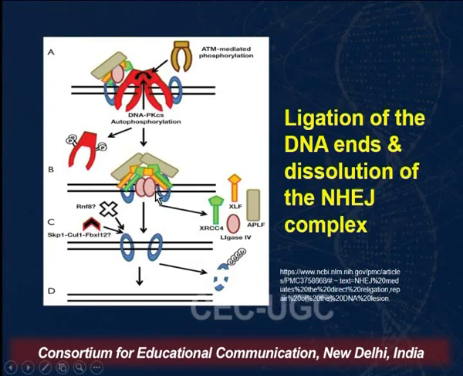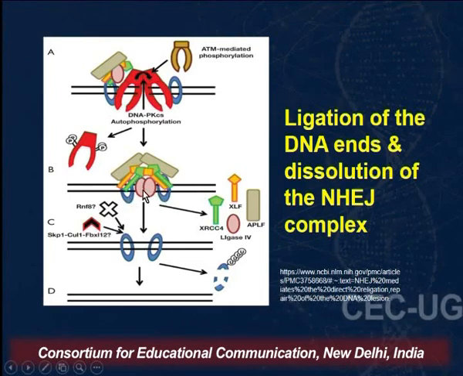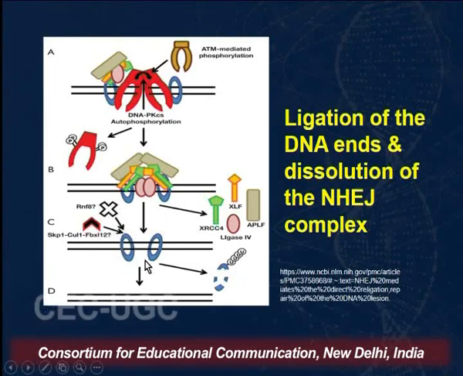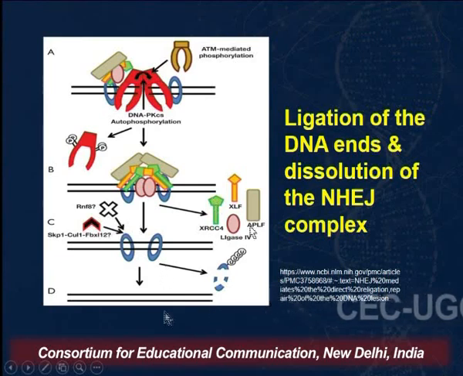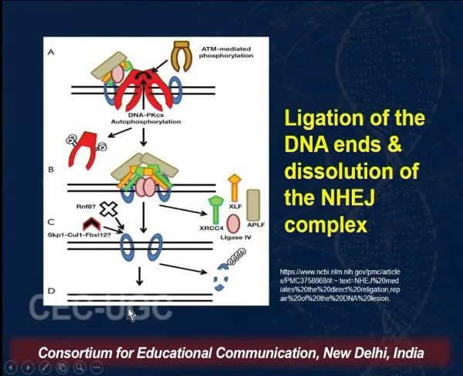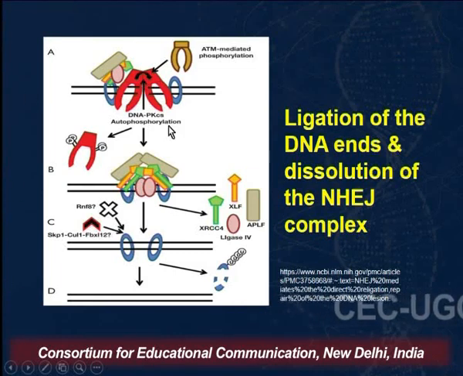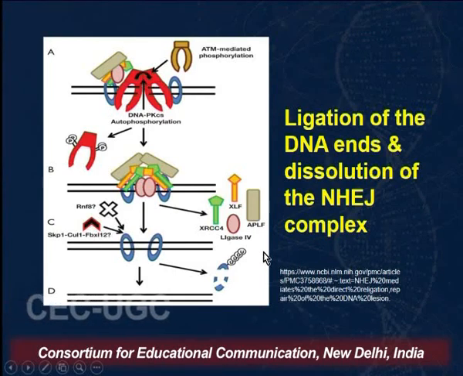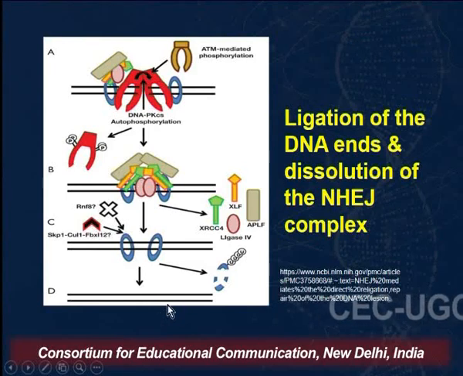These ligases cause the ends to be joined, and then the NHEJ complex, because of the dephosphorylation of the components, disassembles and the NHEJ complex releases, giving rise to the end-joined or repaired DNA. In this repair, because our engineered nucleases, or specifically used nucleases, have caused these double-stranded breaks, the gene editing can occur at this point.